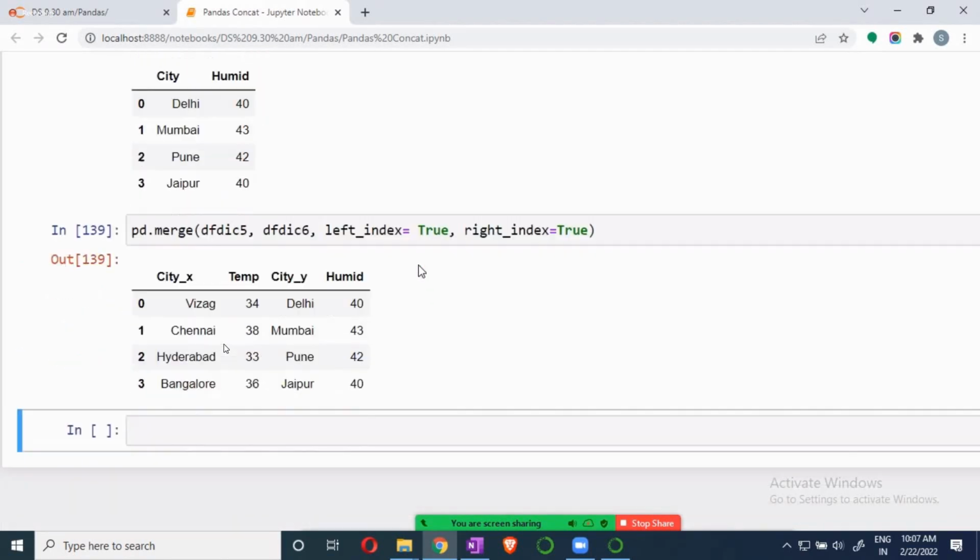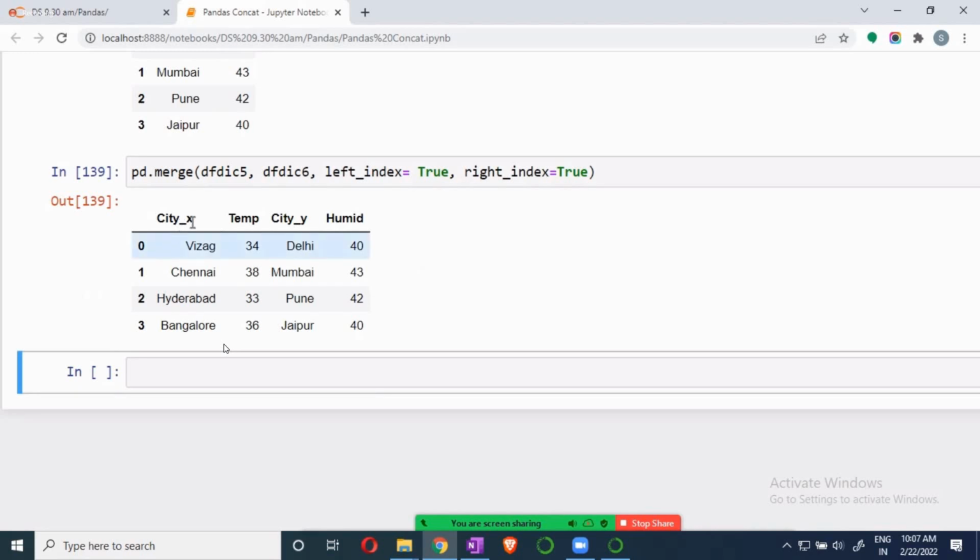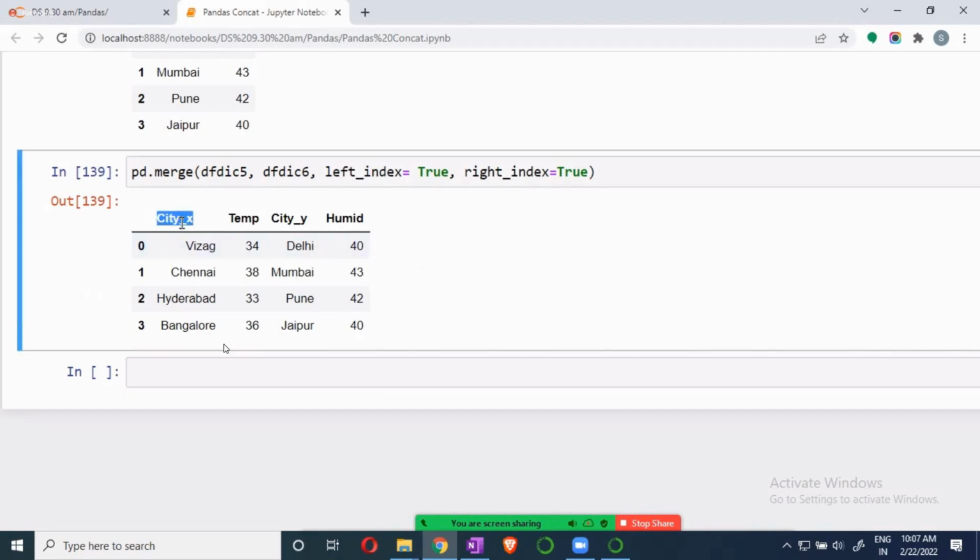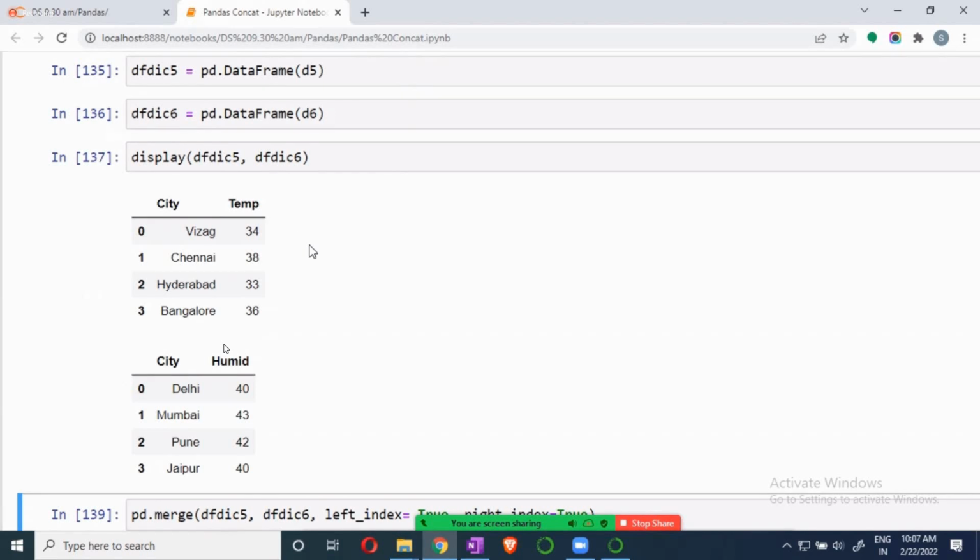Now you see this. Okay. It took the left city as X and right city as Y, and it got all the values over here. Okay. Now, this is when we have the common column name, city, but no common values. Then this is the way.